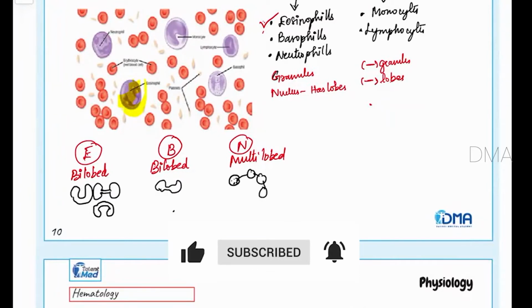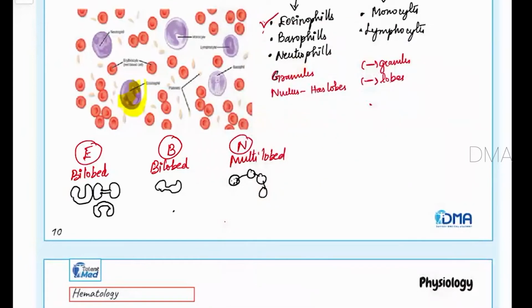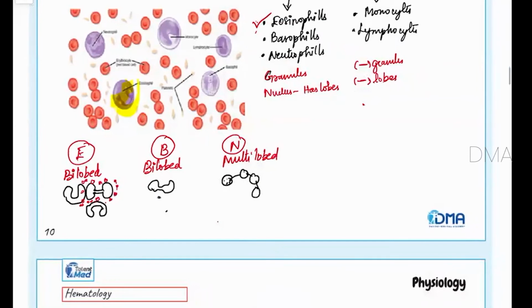Eosinophils, as the name suggests, are stained with eosin. So it will contain an eosin-stained nucleus and granules present like this. They are called coarse granules. Whereas the basophils are basophilic, so they get blue colored granules.